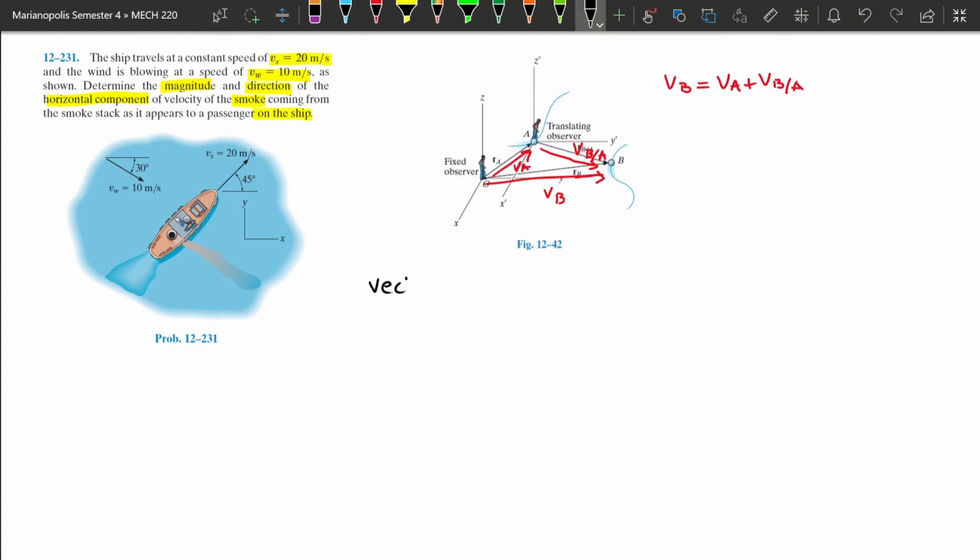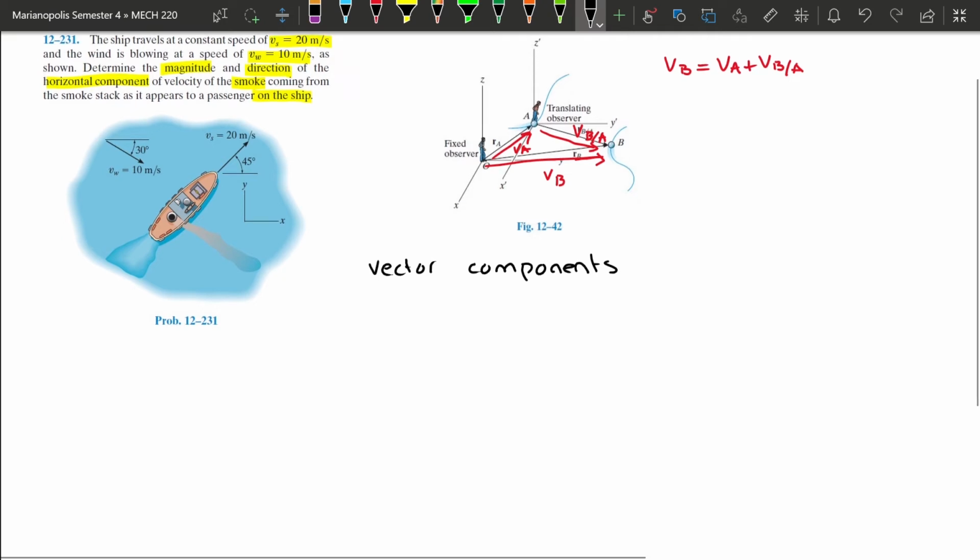Vector components. Vs is the ship. We're given it's at a 45-degree angle from the horizontal and it's going at 20 meters per second.